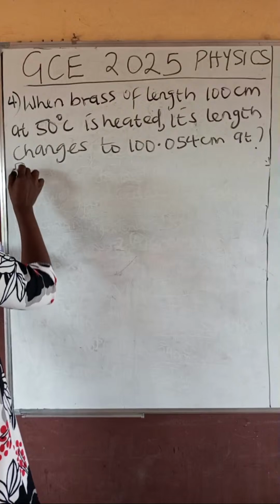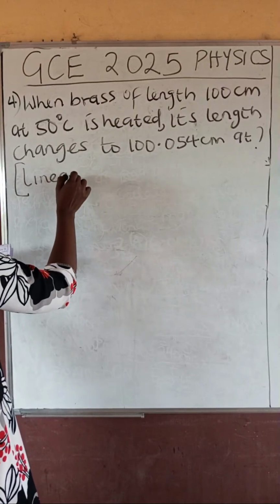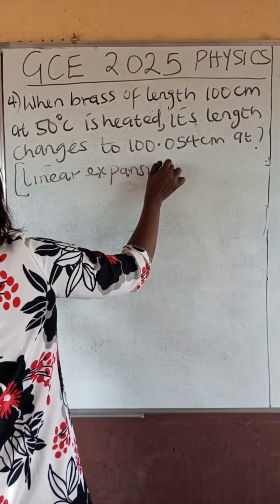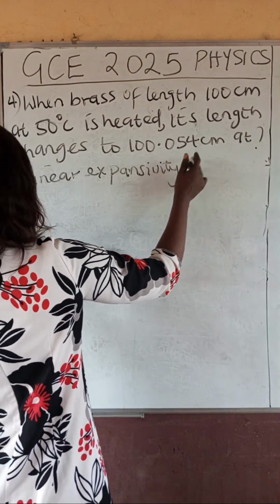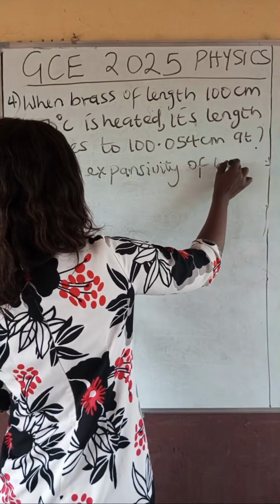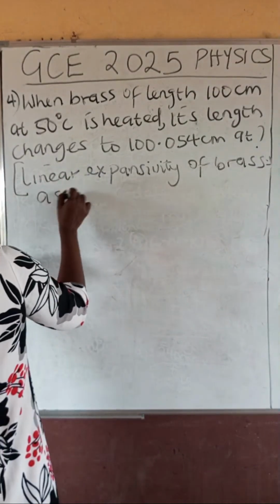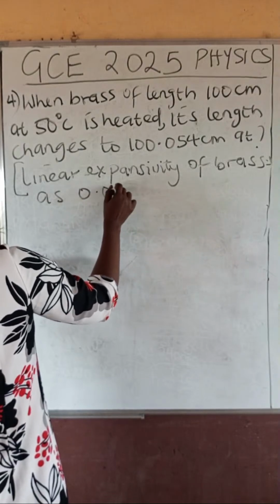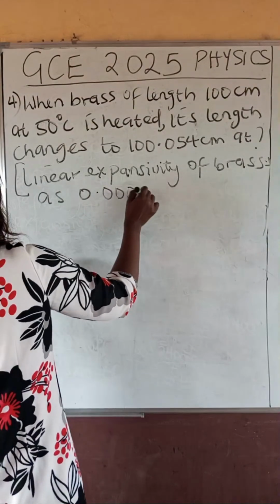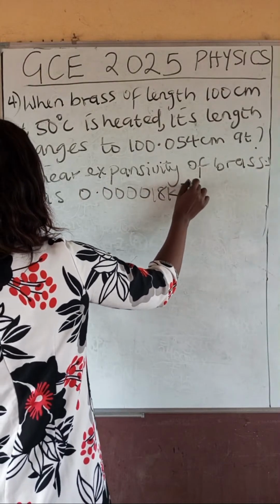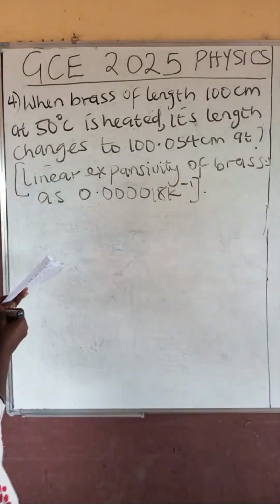We are given the linear expansivity of brass as 0.000018 per Kelvin.